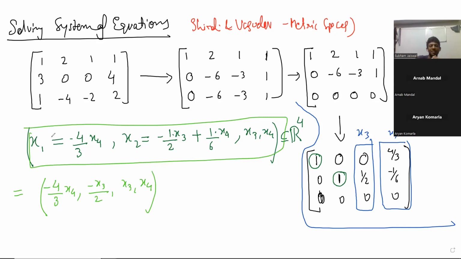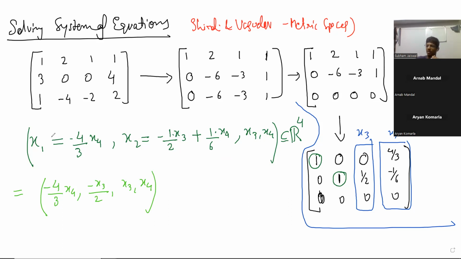Okay. Arnav, is it okay? Yes, sir. This is fine, right? I've just written the solution, x3, x4. Now I'm just saying that you can just break it. Just write it as a sum of 2 vectors. If you just break it in the natural way, then what is it?